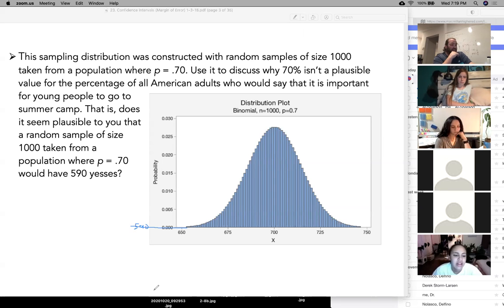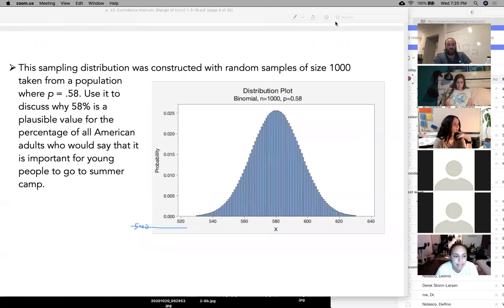That's an extremely unlikely result if P is really 0.7. So unlikely that in all of our examples, it never happened, not even one time. So from a significance testing perspective, my conclusion is P is not 0.7. Does that make sense? Mm-hmm. Okay.